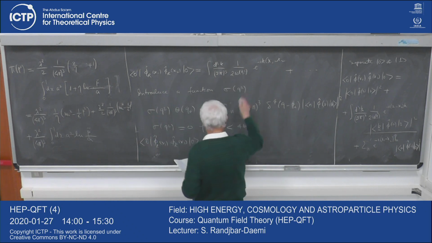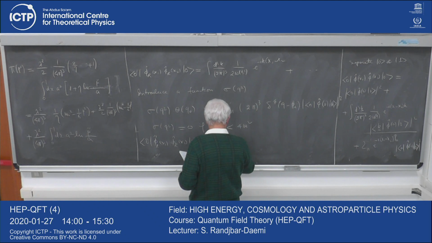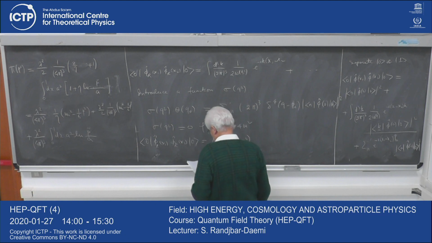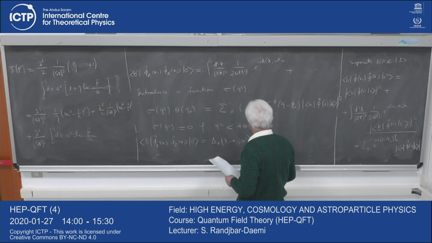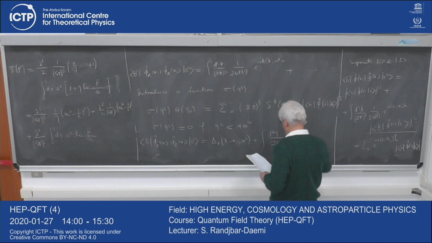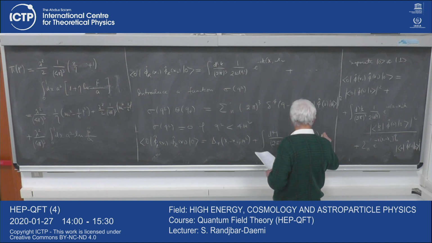So I'm going to write this whole thing as delta plus of (x1 minus x2), times (x1 minus x2), m squared. The mass which enters there is the physical single particle mass, plus the integral d^4q divided by (2 pi)^3 times sigma of q squared times theta of q0 times exponential of minus i q times (x1 minus x2).